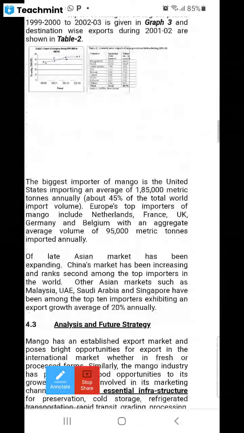Next is the season of plantation. What is the correct season for the plantation? कौन सा सीजन में हमको प्लांटेशन करना चाहिए? Planting of graft is done in June to July. This season is very best for the plantation.